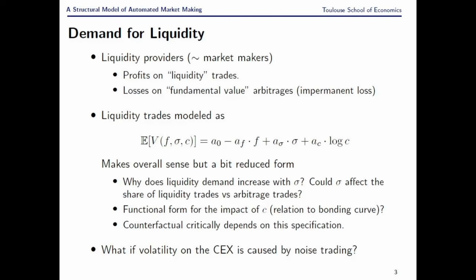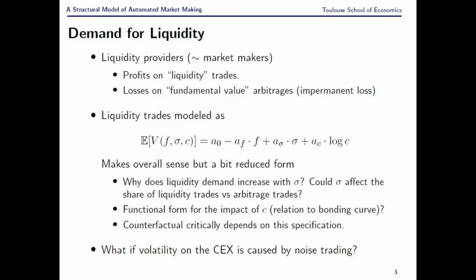Then there's a question of the functional form of the impact of the liquidity. You mentioned that it has to be less than linear. I think of this, maybe I'm wrong, as coming from the bonding curve, right? When liquidity goes up, your price impact is going to flatten essentially.